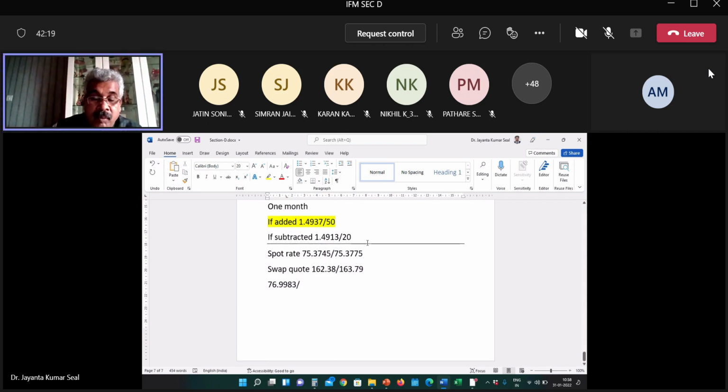9 plus 5, 14, carry 1. 7 plus 1, 8 plus 7, 15, carry 1. 3 plus 1, 4 plus 7, 11, carry 1. 6 plus 1, 7 plus 3, 10, carry 1. 1 plus 1, 2 plus 5, 7, and then 7.